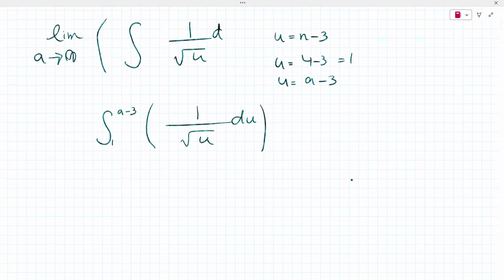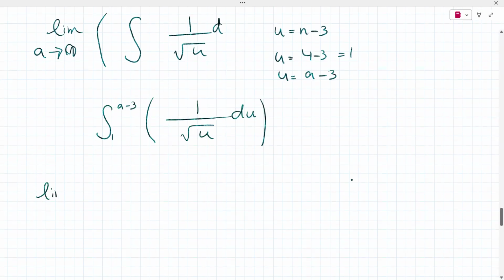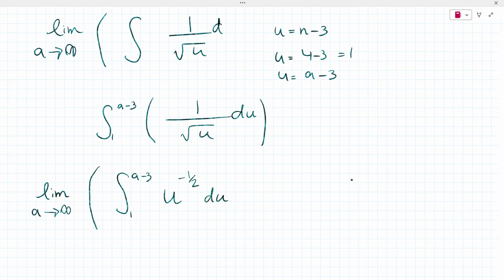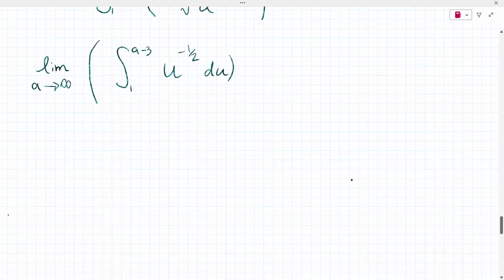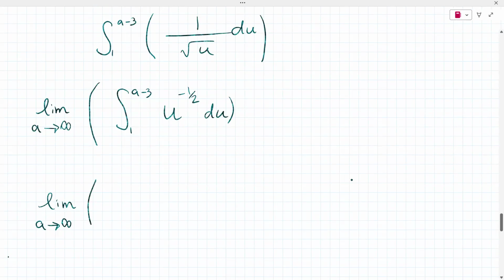Let's just continue. One over square root of u is the same thing as u to the -1/2 du. So that's going to be the limit as a approaches infinity, and the integral of u to the -1/2 is 2 square root of u.